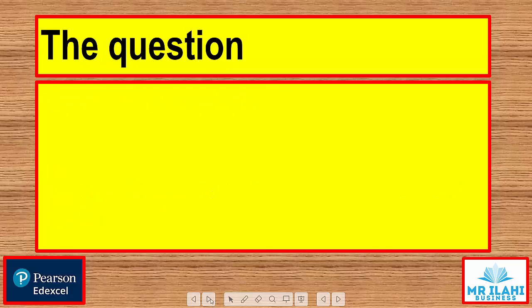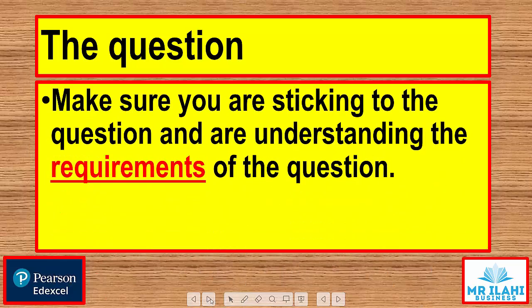And then we have the question, and this is a very important point. Most students feel confident with a 9 mark, however, fail to answer the demands of the question. And why that is important is I've noticed from looking at papers from last year that a lot of students didn't read the question properly or didn't answer the question properly.